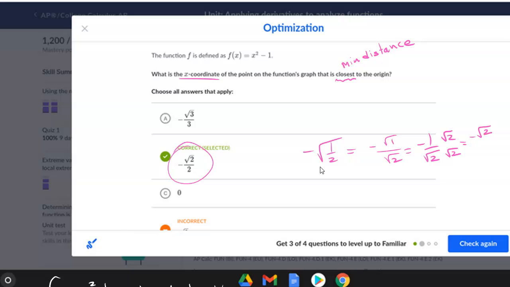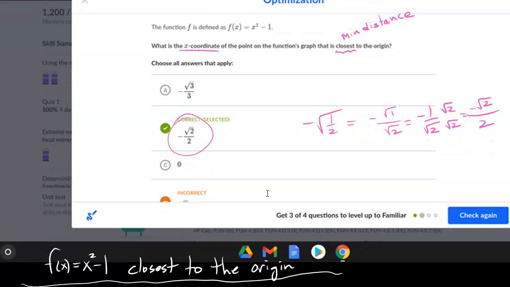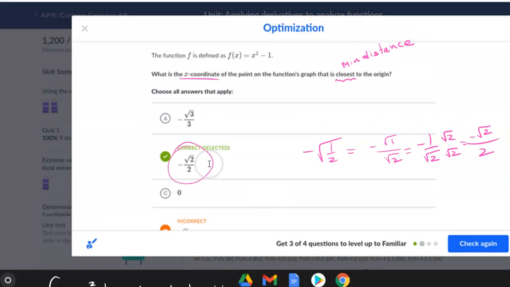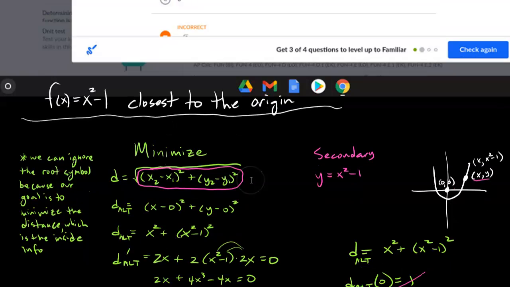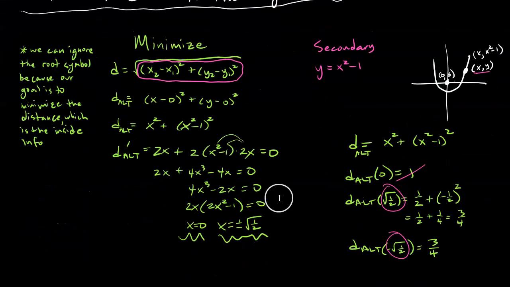So it's negative root. Yeah, I wrote my answer in a non-correct format. I get used to knowing what the correct answers should look like. And that's my fault. I should do a better job of writing them in a better format.